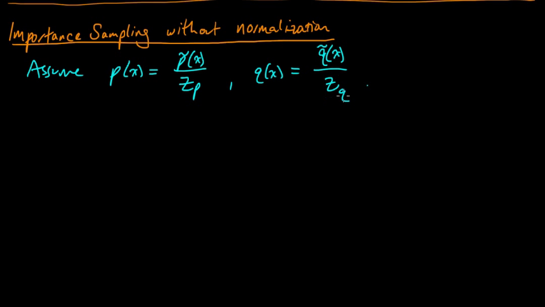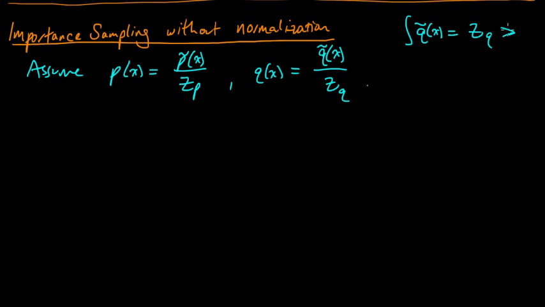Now, the reason why this situation is a real situation and can occur is that, even though mathematically speaking, once we know q tilde, we can just integrate it over all the values of x, and so the integral of q tilde of x equals Zq, because the integral of q has to be 1, and the same thing for p.